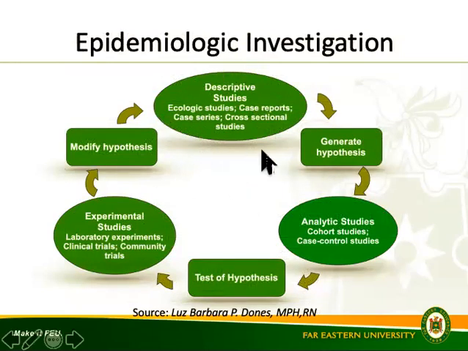As we said, we start with the descriptive studies, and then we generate hypotheses, and then we test these hypotheses by conducting analytic studies, and then through the experimental studies, then later modify those hypotheses depending on the outcome. So this is usually how the process goes.